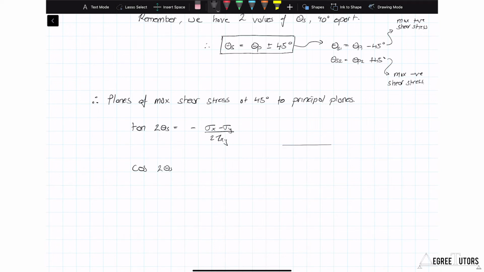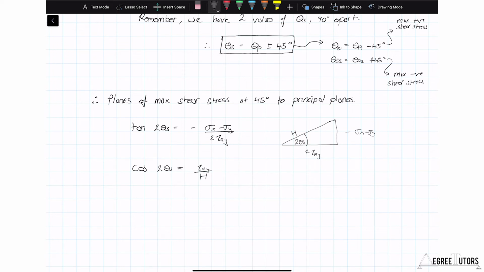So if that's my triangle, and that's my angle, 2 theta s, well, the tan is opposite over adjacent, so that's going to be minus (sigma x minus sigma y) over the adjacent. That's going to be 2 tau xy. That would make the cosine adjacent over hypotenuse, and let's call the hypotenuse h. So that's going to be cosine of 2 theta s equals tau xy over h.